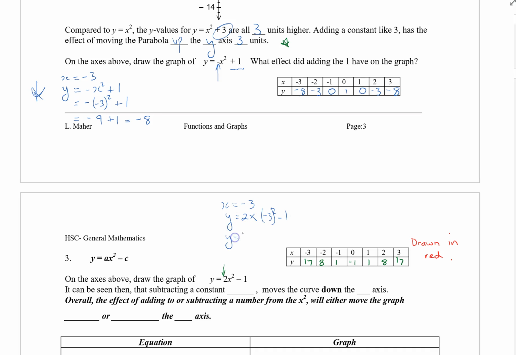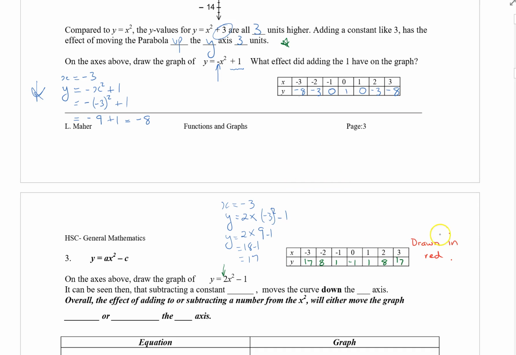You must do the power first. Squaring any number makes a positive, and subtract 1. 2 nines are 18, subtract 1 is 17. If you need, you can go through those same steps and show that these are the values you get.